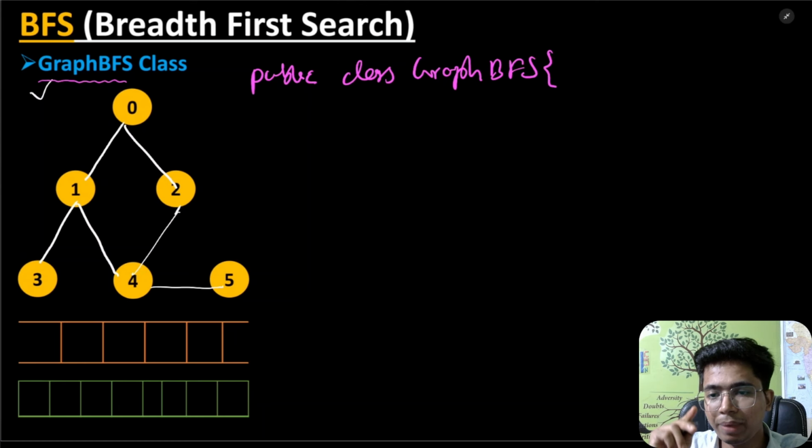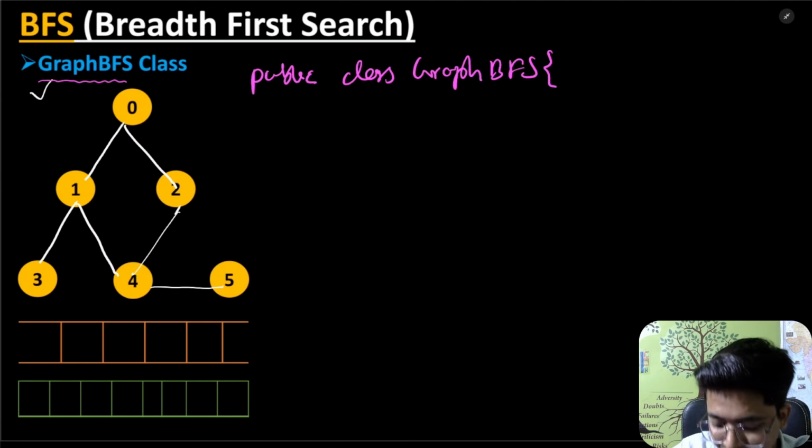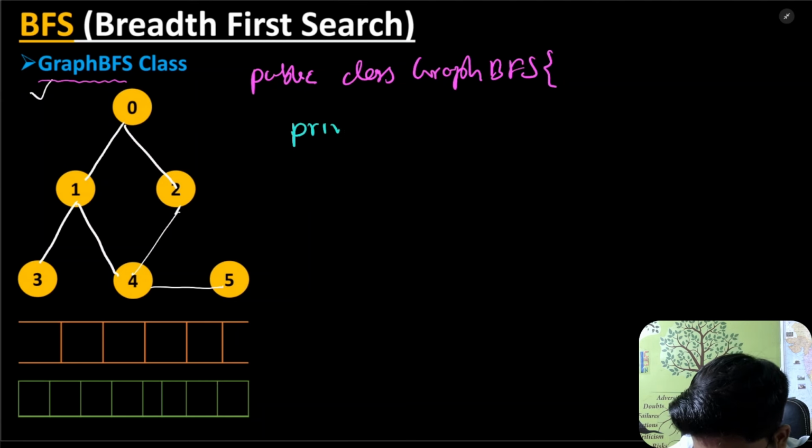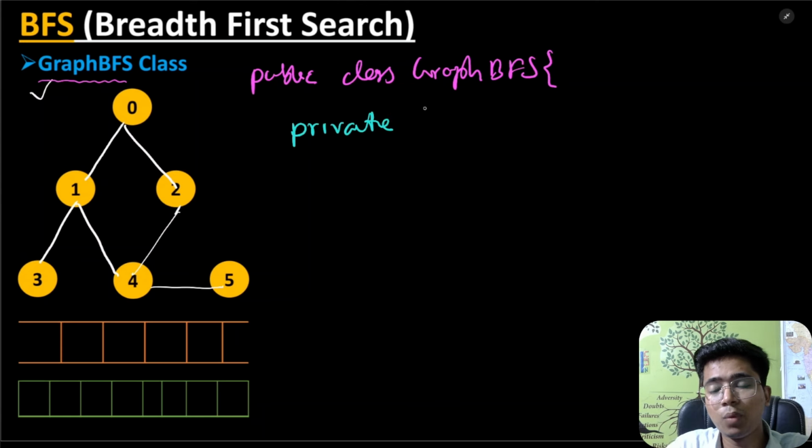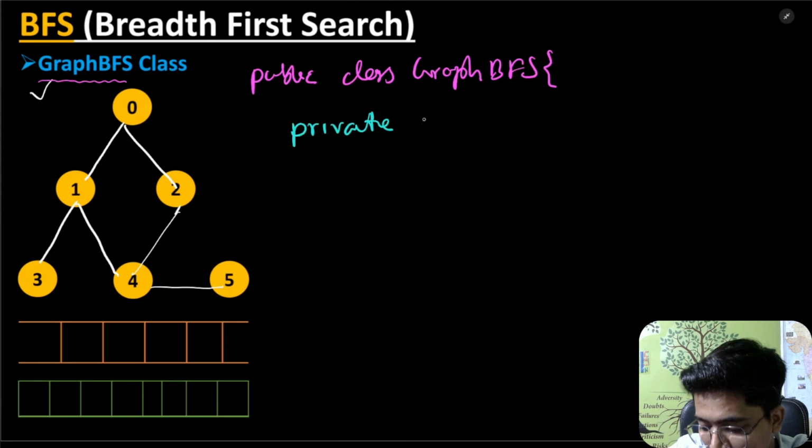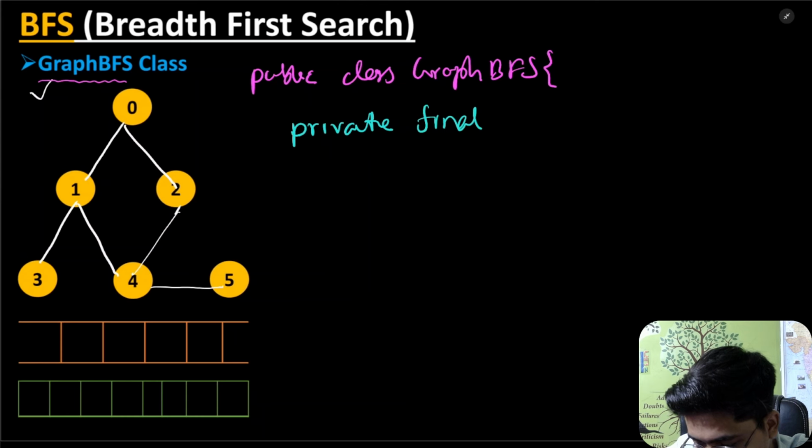Then to implement the graph that you are seeing in here, we have to use either an adjacency list or an adjacency matrix. So here we'll be using an adjacency list. So let's declare the adjacency list. Private final, and we'll be using a Map for it, with two arguments.